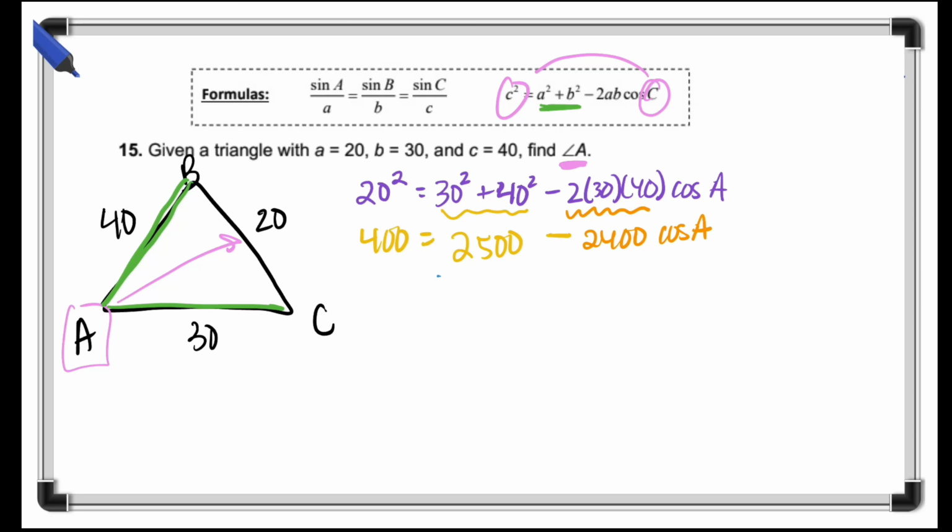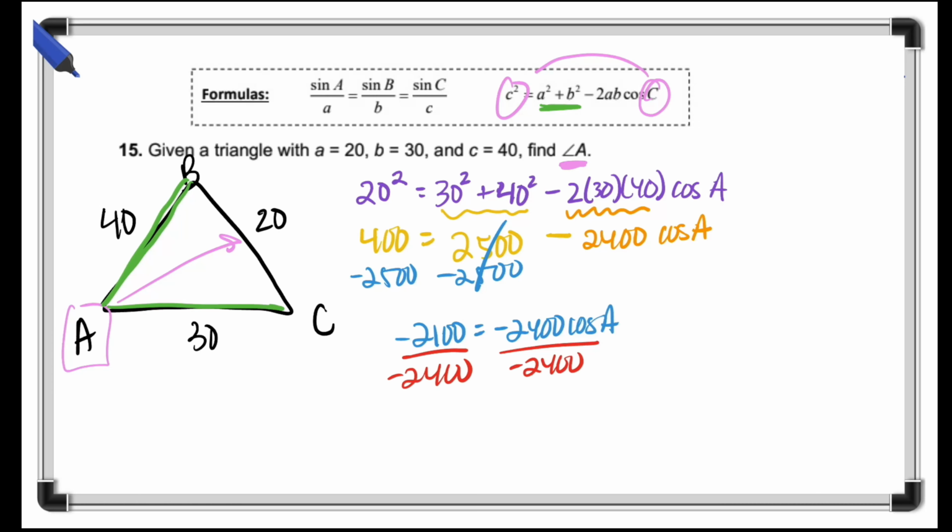You are going to subtract the 2,500 to the other side. Okay, we're not combining the 2,500 and the 2,400. So that gets you a negative 2,100 equals negative 2,400 cosine of angle A. Here is where you're going to divide both sides by negative 2,400 because it's negative 2,400 times the cosine of A. So you're going to get about 0.875 is equal to the cosine of angle A. Again, when you're trying to find an angle, you got to do the inverse.